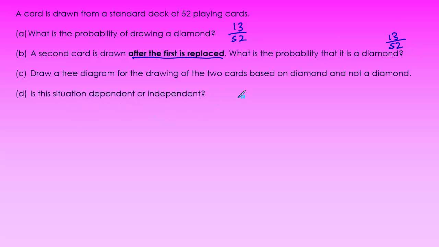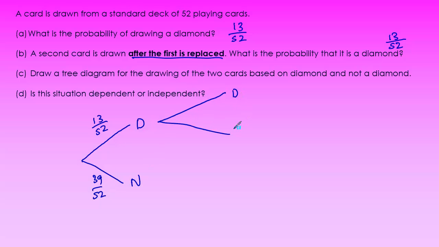We now want to draw a tree diagram for this situation. So we have diamond, not a diamond. So this will be 13 over 52, 39 out of 52. Now this time we actually replaced the card back in the deck. So when we draw the second card, whether we got a diamond or not, the deck is exactly the same.